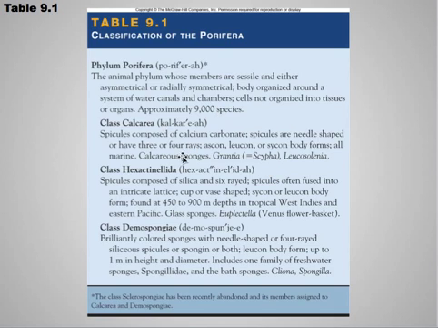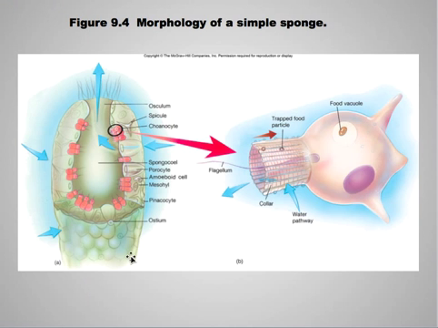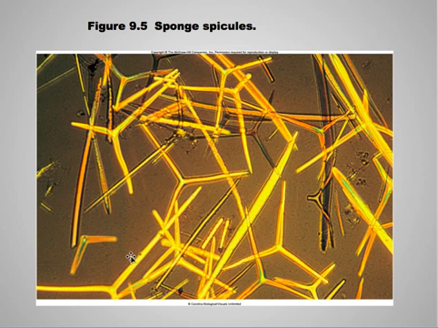For the calcarea, the spicules are made of calcium carbonate. For the glass sponges, they're made of silica and they have 6 rays. For the demosponges, they're silicate or spongin. These are what some of the spicules look like.